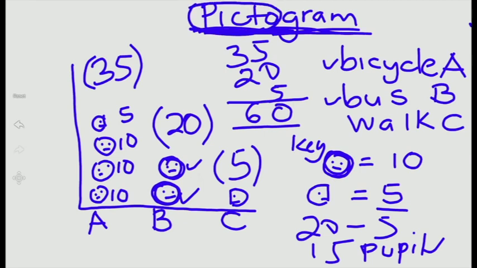It makes use of the pictures. We are changing the pictures into numbers, and those numbers are going to give us more information about the number of pupils in this particular class.